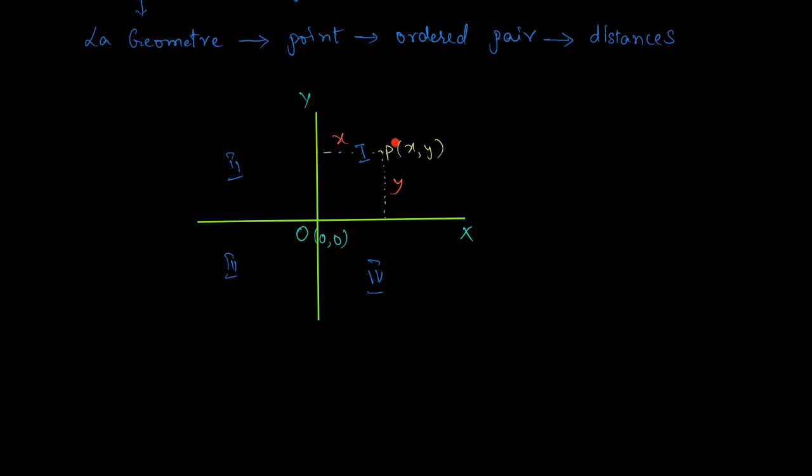Now, this x is called the x-coordinate, or it is also called the abscissa. Similarly, this y is called the y-coordinate or ordinate. In the first quadrant, both the x-coordinate and y-coordinate are positive.